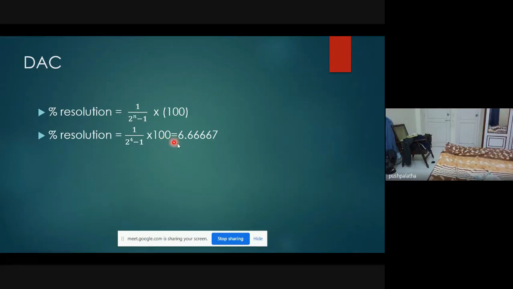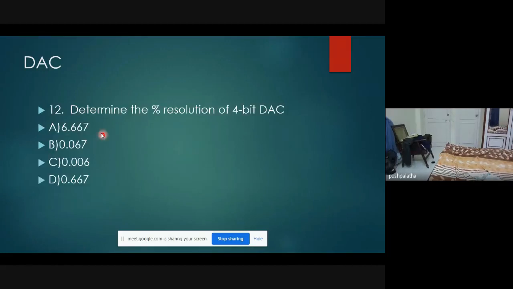You have to multiply by 100 because they asked for the percentage of resolution. Sometimes, if they ask for the resolution without percentage, you can leave out the 100. So into 100, the answer is 6.66667. So the answer is option A.